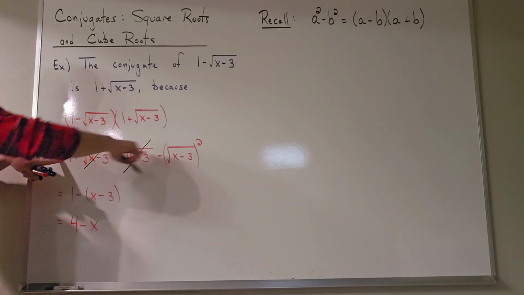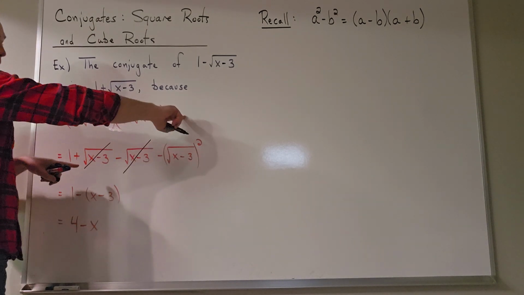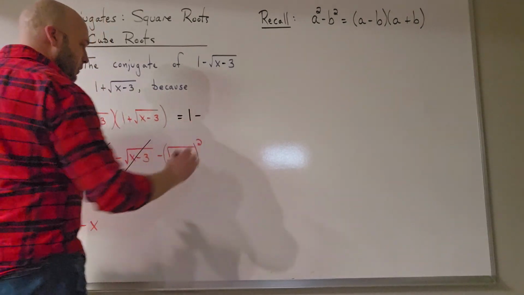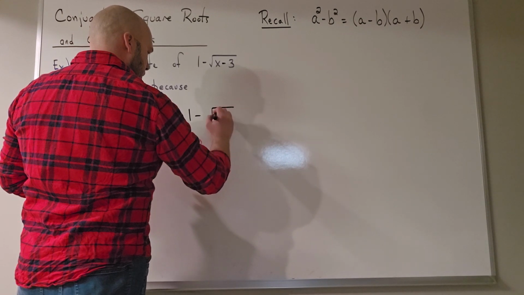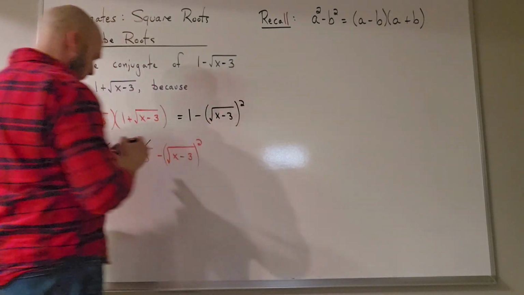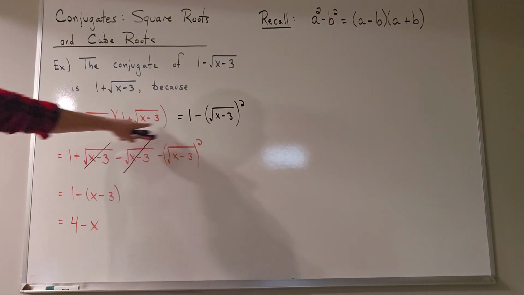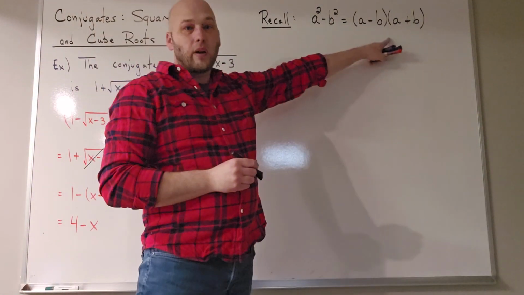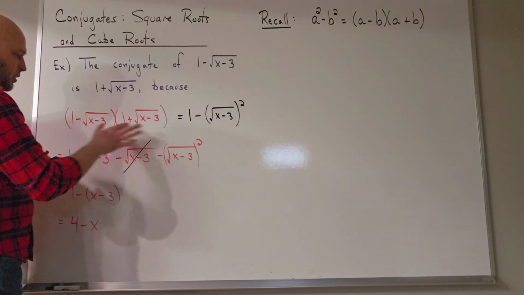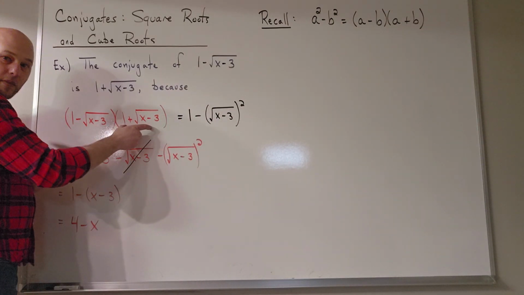This is the same thing as 1 minus this. Look at this line and this line: I've got a difference of squares, a difference of the bases and the sum of the bases.